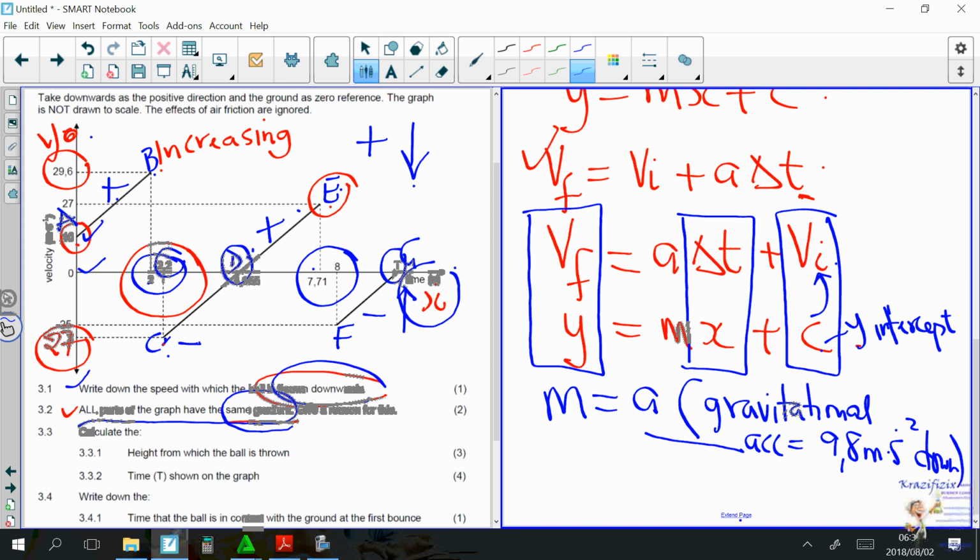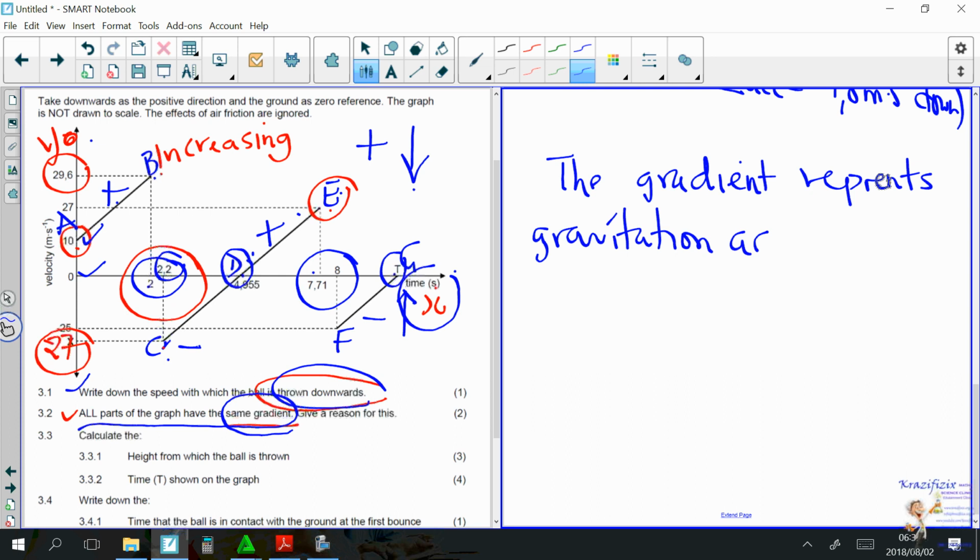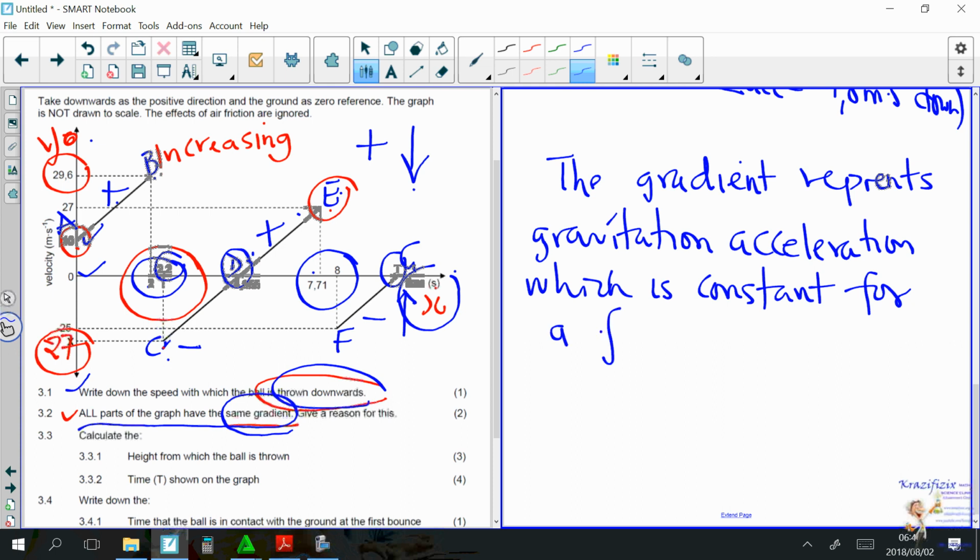So the gradient represents gravitational acceleration, or what you know as acceleration due to gravity, which is a constant for a free fall, and that value is 9.8 meters per second squared.